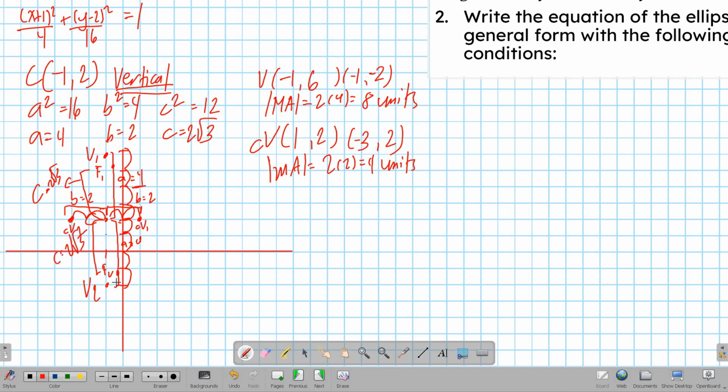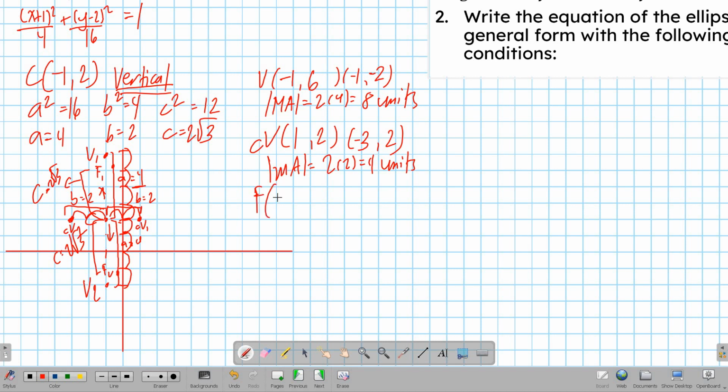With that in mind, therefore, what we add, because it's going up, or subtract going down, to the ordinate of our center to get the coordinates of our foci.